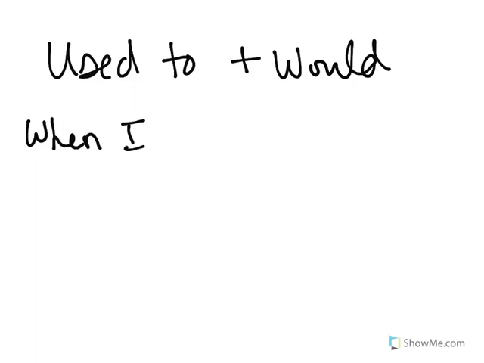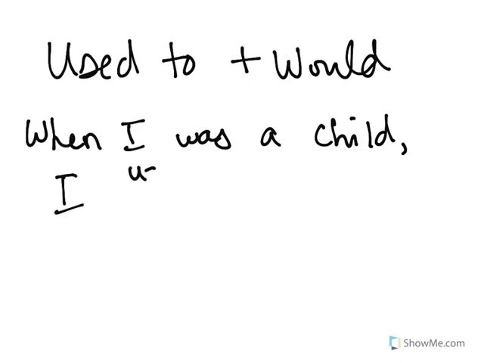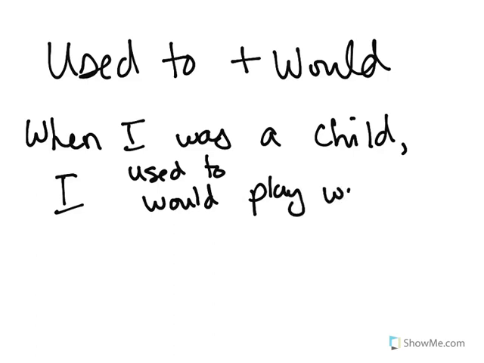So when I was a child, I used to, or I would, play with dolls. Now, what you're implying here, what you're telling the other person is that it doesn't really happen anymore. That's an action that happened in the past and it doesn't really happen anymore. It was a routine in the past and it doesn't happen now.